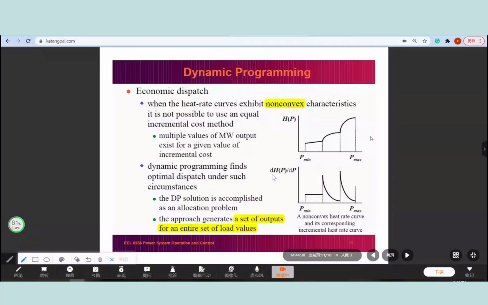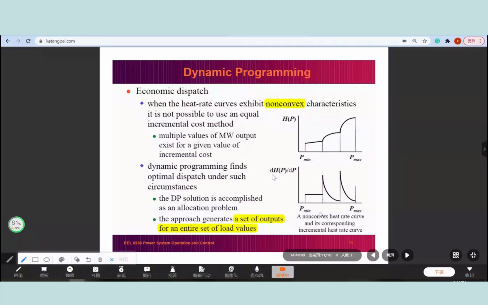We will use dynamic programming for economic dispatch in such circumstances. For example, if you have an input-output curve like this, you can calculate the first order derivative of the input-output curve. You will find the incremental cost will be like this.